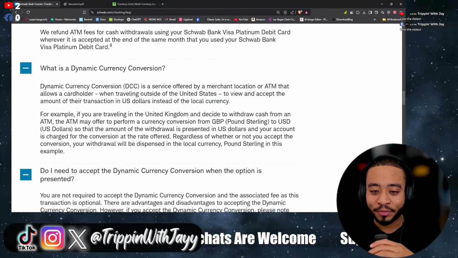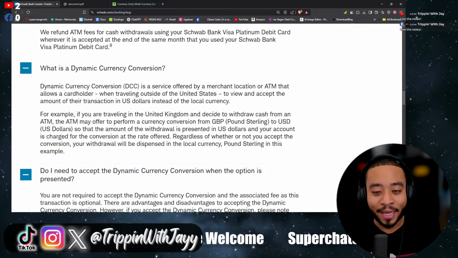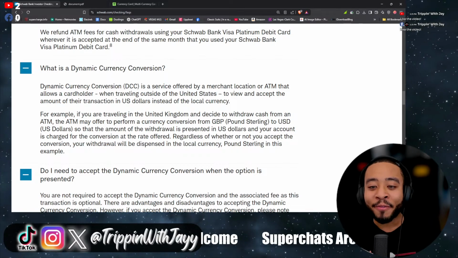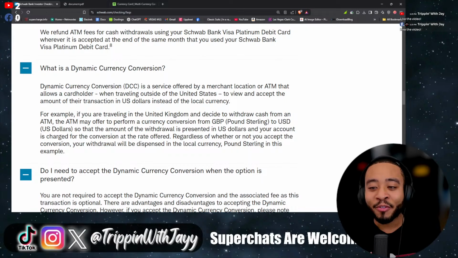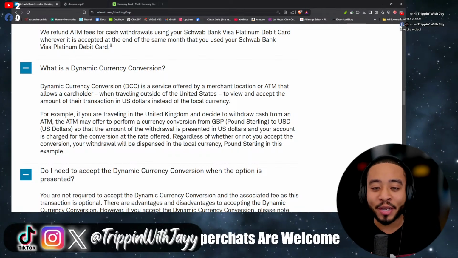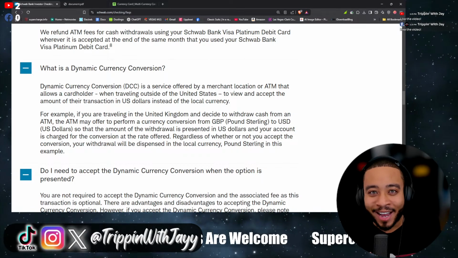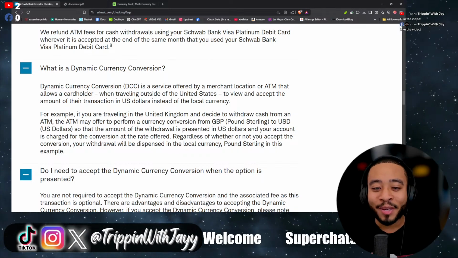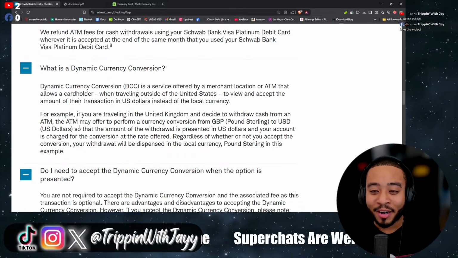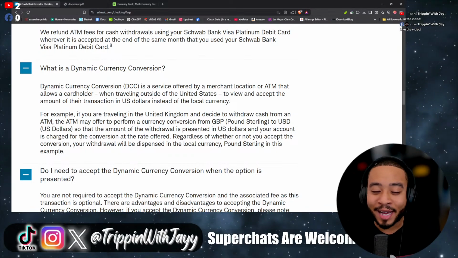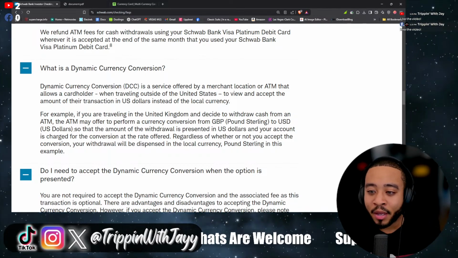For example, if you are traveling in the UK and decide to withdraw cash from an ATM, the ATM may offer to perform a currency conversion from Great British pound to US dollar. This is when you hit decline conversion. Bruh. Because they are going to take advantage of you financially if you don't hit decline conversion and get the market rate for that particular transaction.